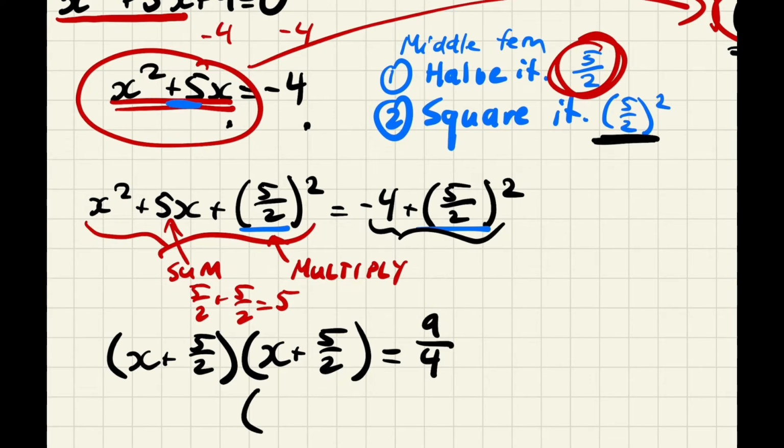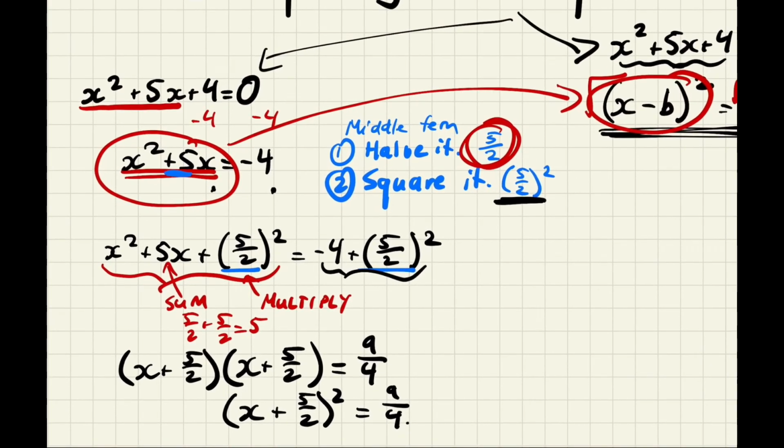Now from here, we can just quickly write the left-hand side as x plus 5 on 2 all squared, and that's going to be equal to 9 on 4. So as you can see, we have what we were looking for earlier. We have this part of the equation factorized as a perfect square.